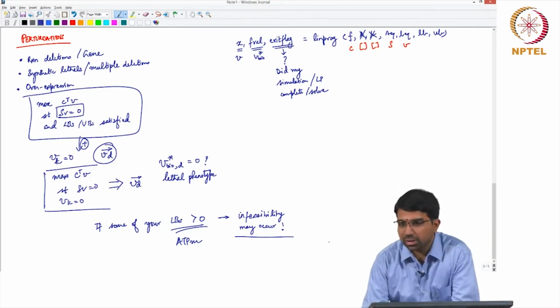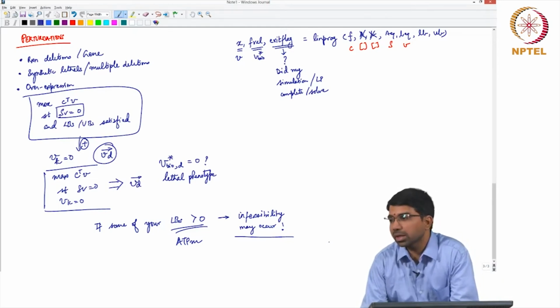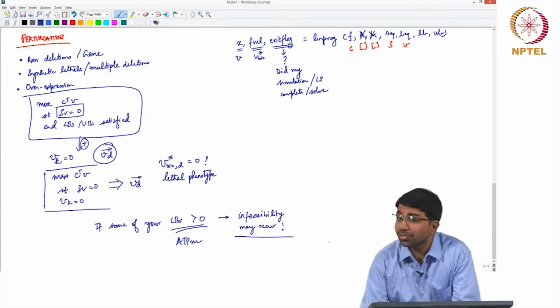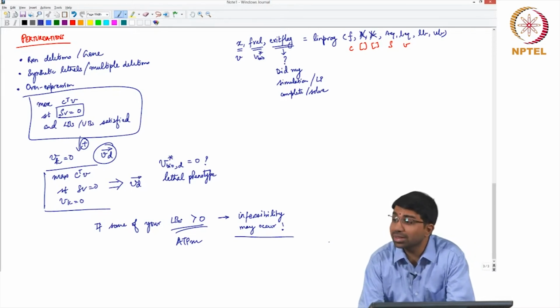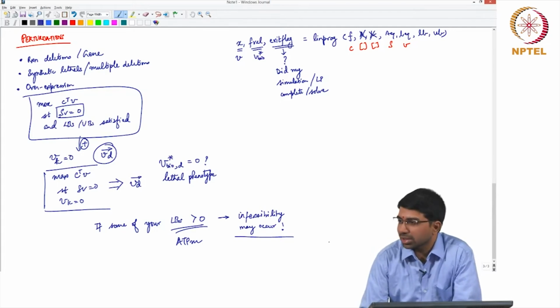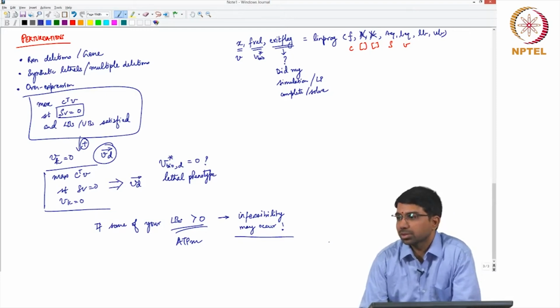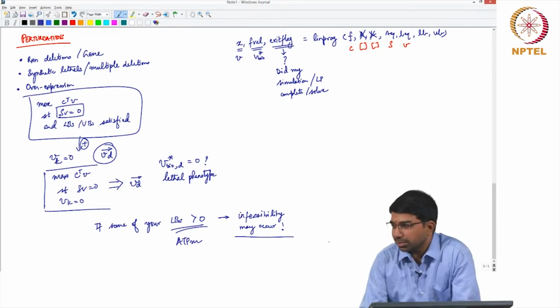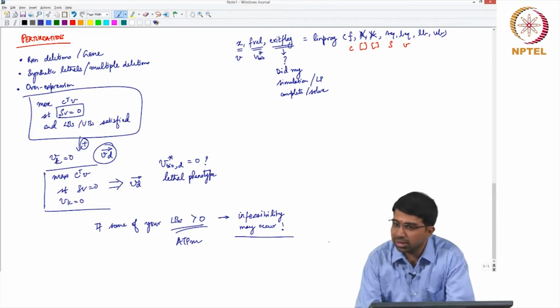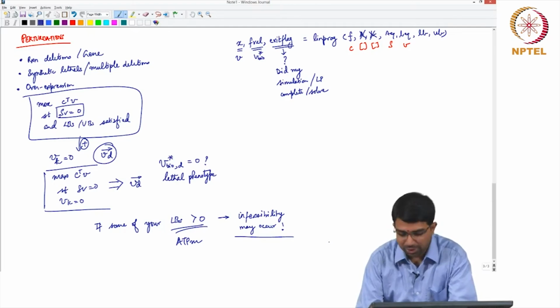You are saying that LB is 8.3. Maybe I am not able to get LB of 8.3, so it will be infeasible. If the constraint is not satisfied, then you do not even have a solution. If your constraint is satisfied and you get a 0 solution, it is a different story. If your constraint is not even satisfied, then you have a different problem, which is what I am trying to emphasize here. It depends. Sometimes if that constraint is satisfied and other constraints are not satisfied, then you will get a fair and square 0 and lethal phenotype.